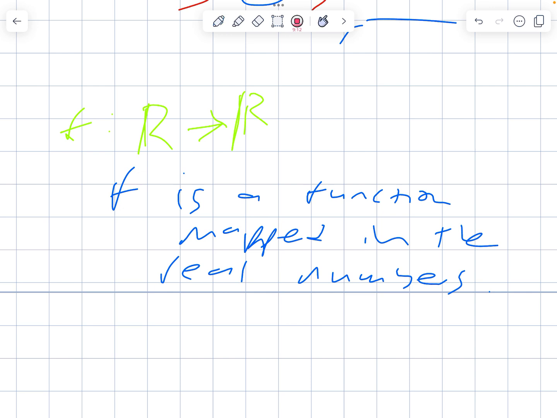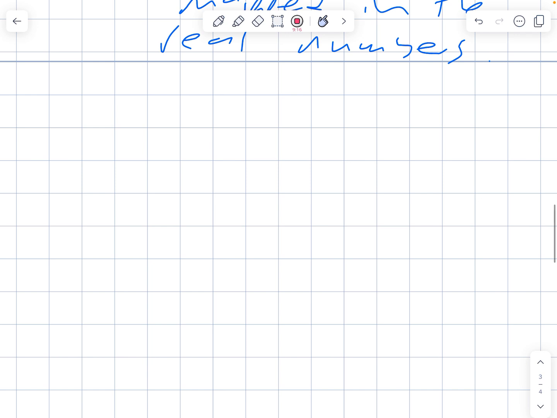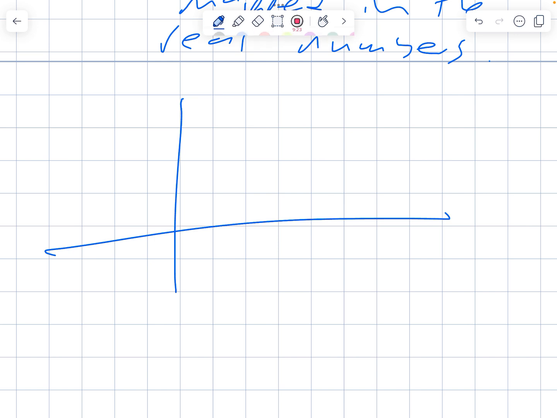If you can read that. Let's give an example. That's x squared.